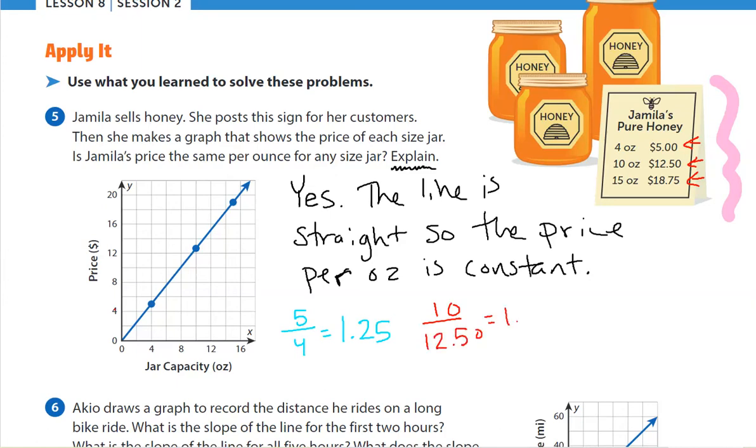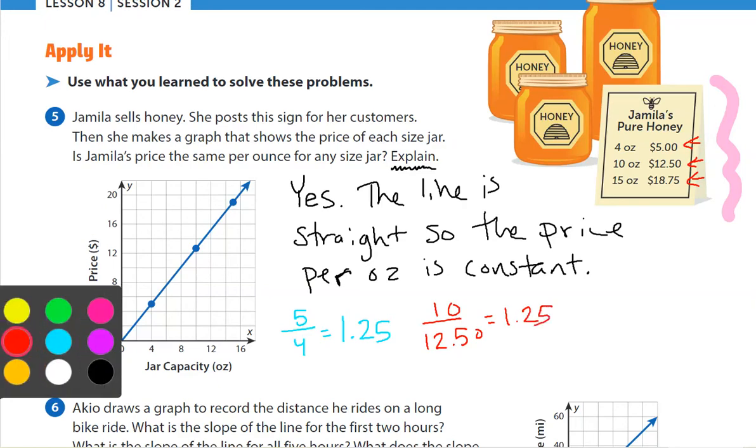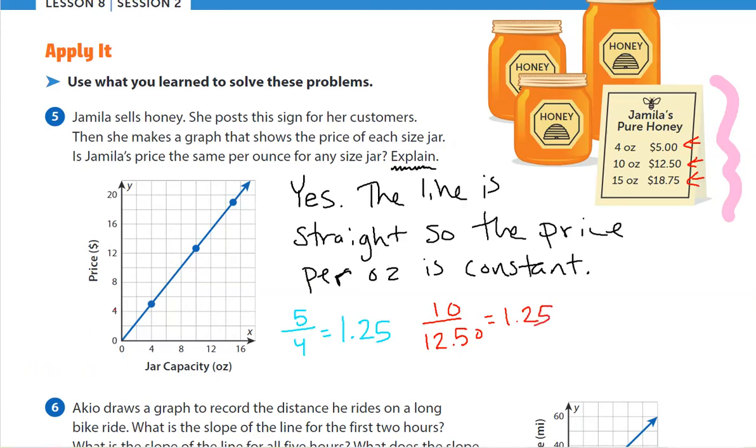That is $1.25 an ounce. Then you could look at 15 ounces for $18.75. And you can use a calculator for this. I won't yell at you because you'll also see that's $1.25 an ounce. It's constant because slope is constant.